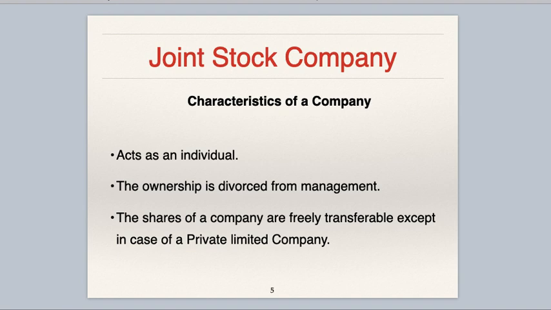Shareholders, members of a public company can sell shares freely in the share market, but this is not so in case of a private limited company because there is a restriction on the maximum number of shareholders in a private company.